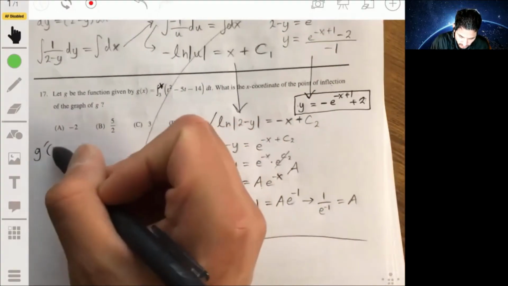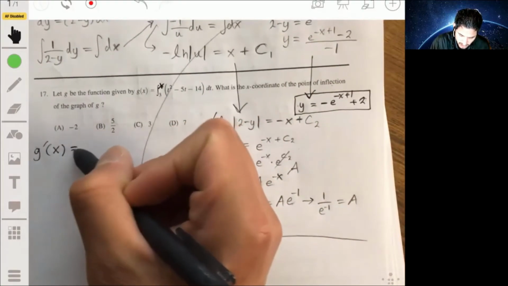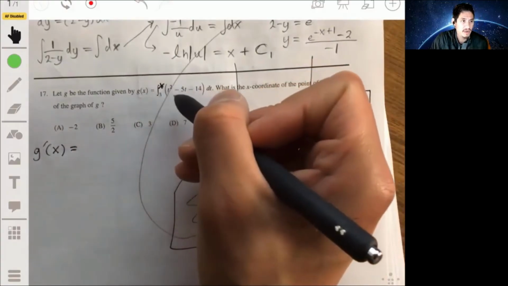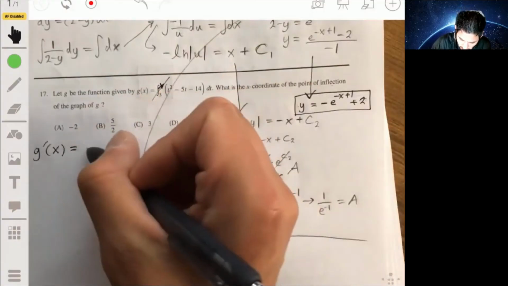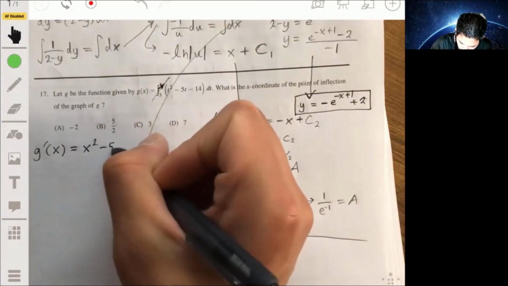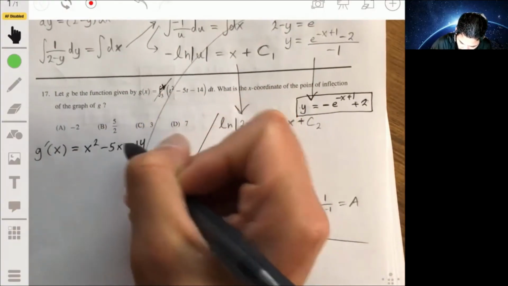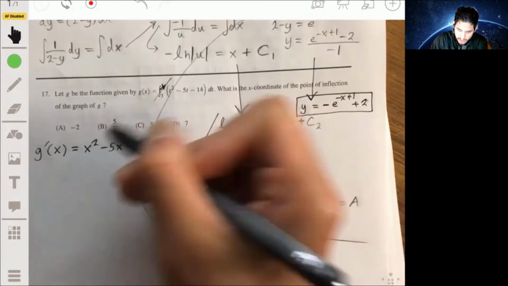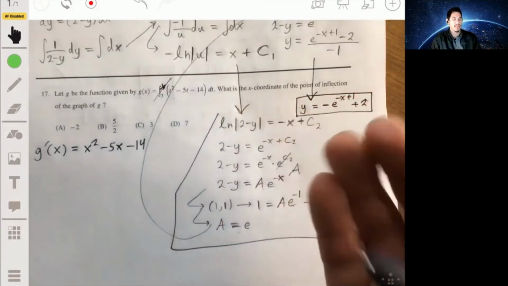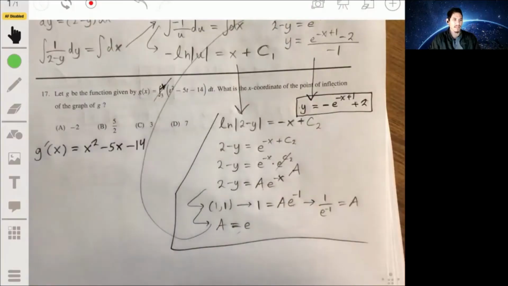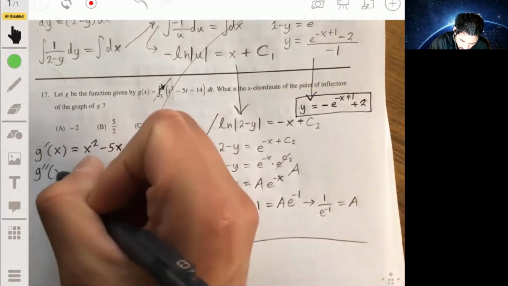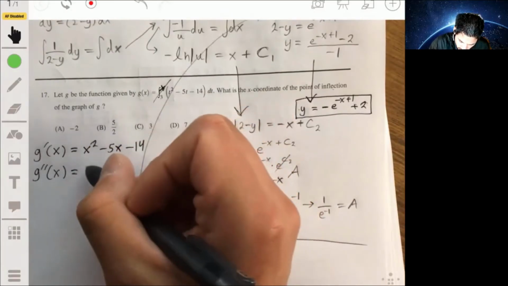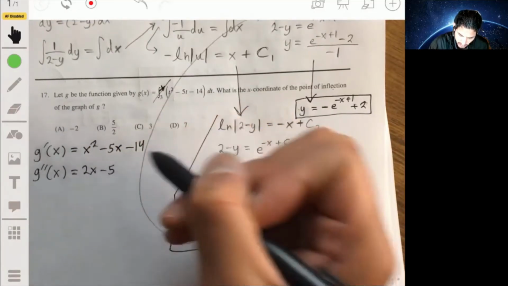So we first find the g prime of x. When you differentiate an integral, this just cancels out, and this just becomes x squared minus 5x minus 14. Recall that the t is just there as a dummy variable. It represents x values just as usual. And then we keep on going and take the derivative again, and we'll get 2x minus 5.